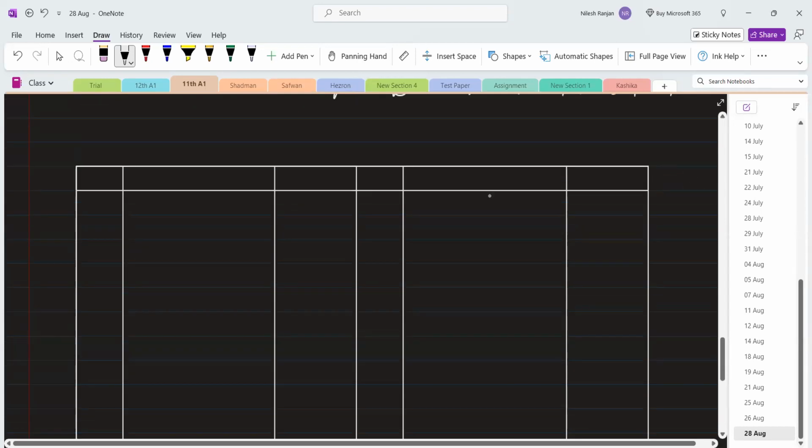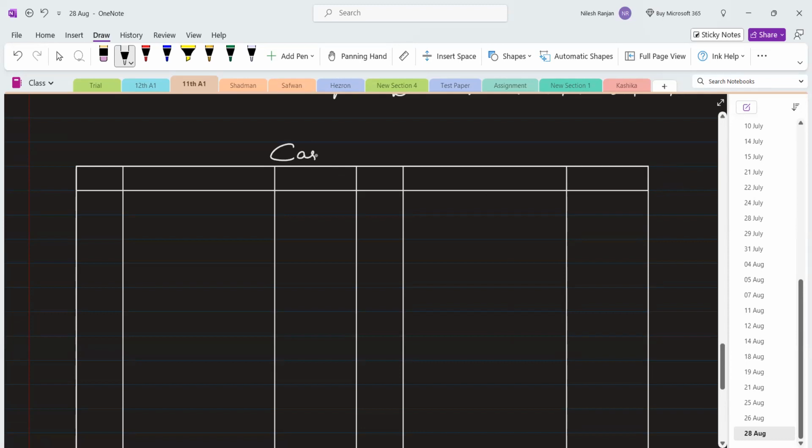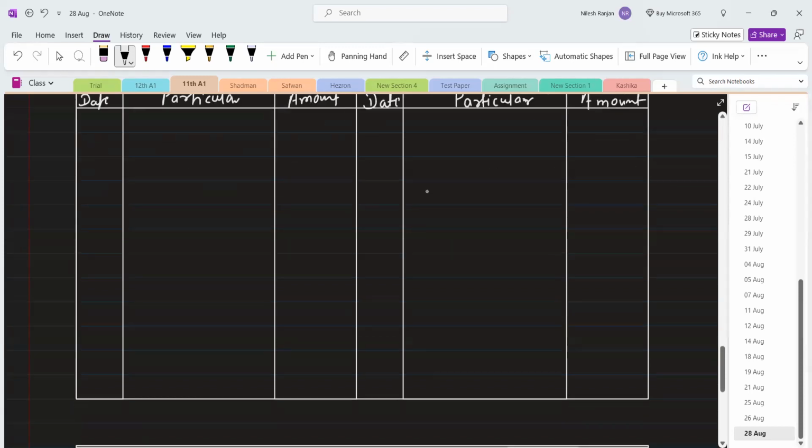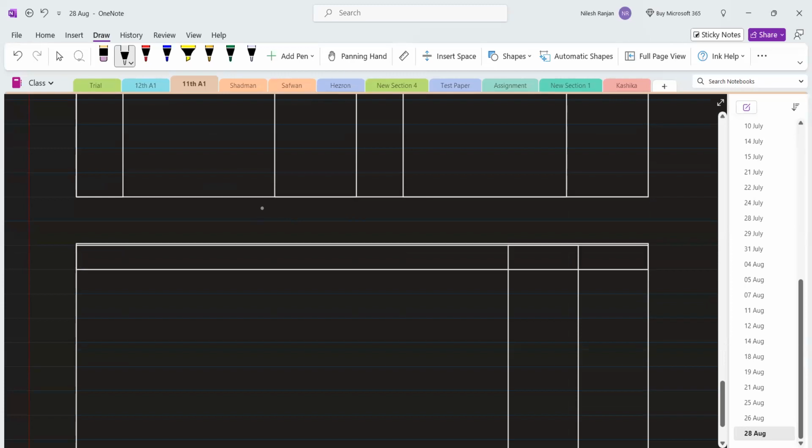Here it is, bank reconciliation statement.